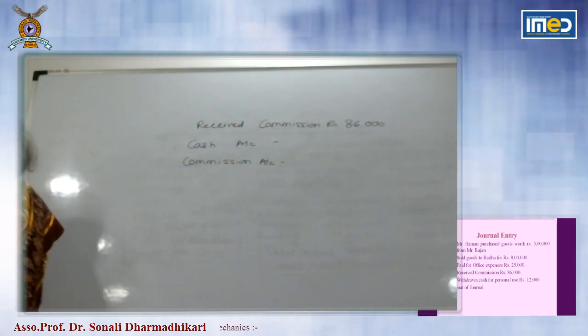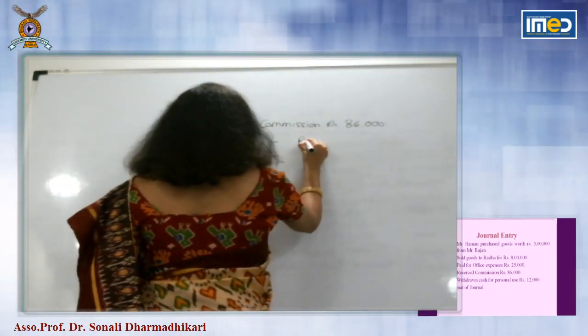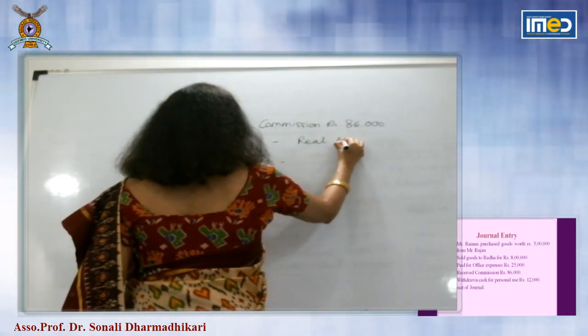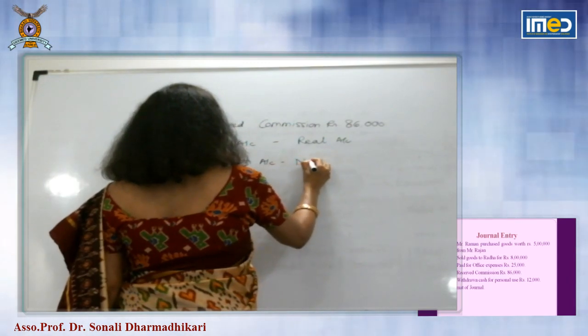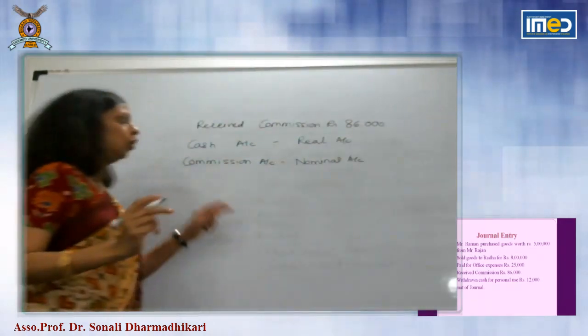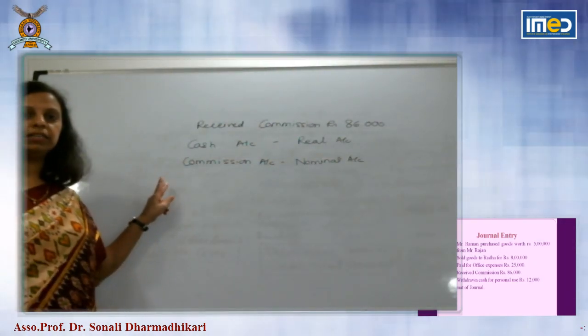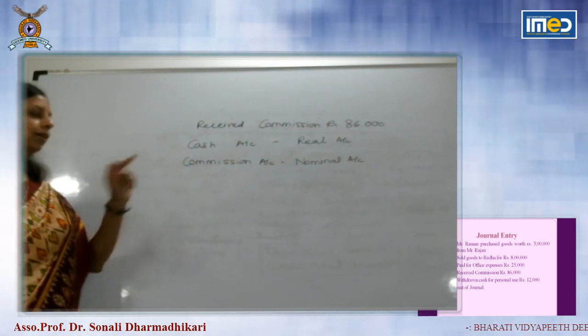Step 2. Classify the accounts. Cash account is real account and commission account is nominal account. It is not a person, it is not an asset, it is a fictitious account. It is called nominal account.